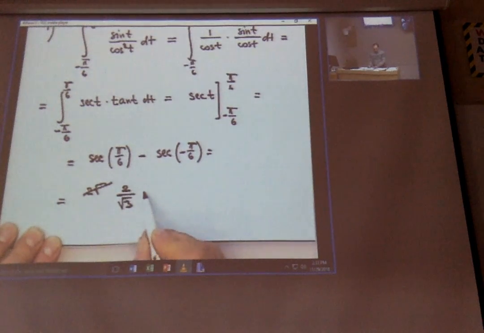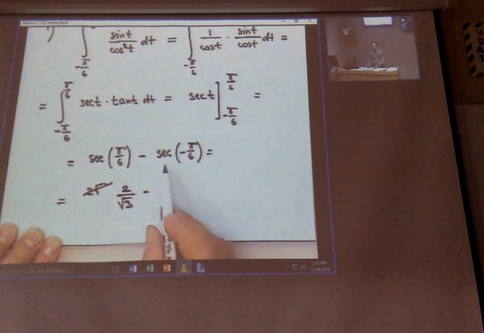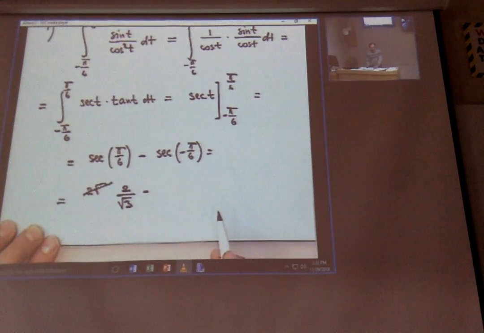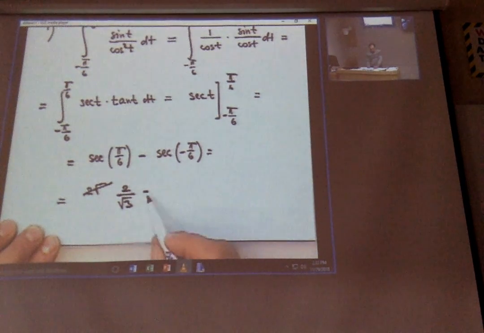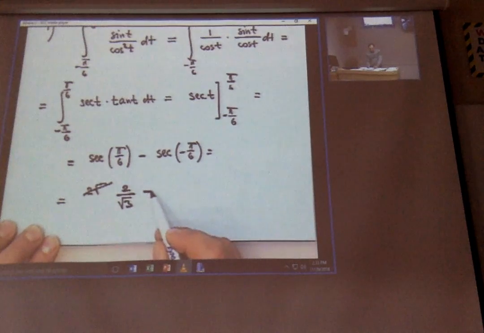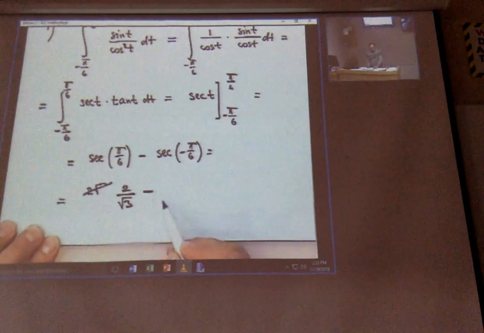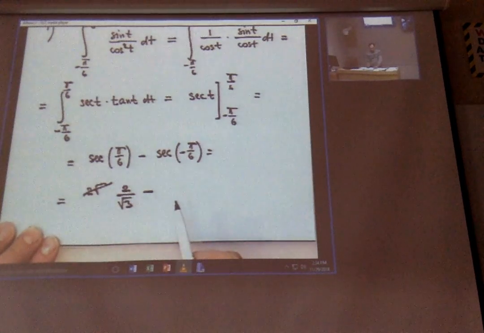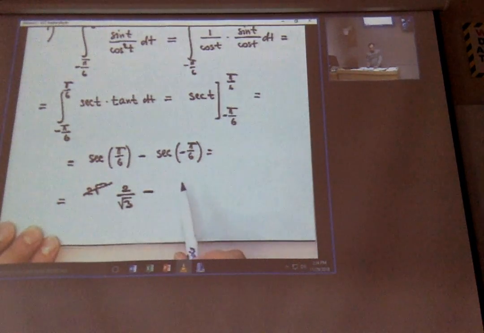Then what about secant of negative pi over 6? It will be negative, right? Are we going to add this?